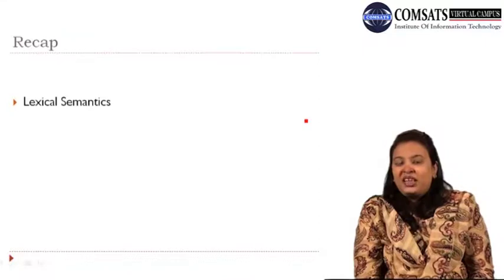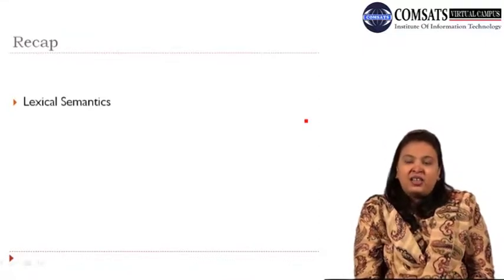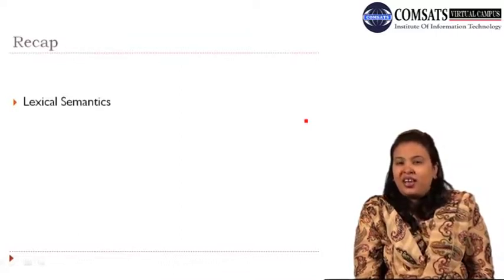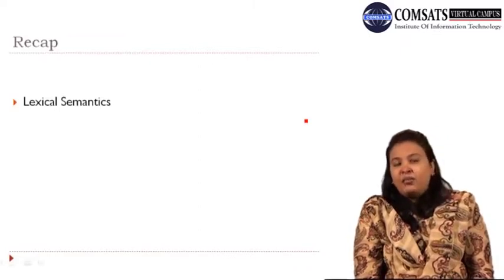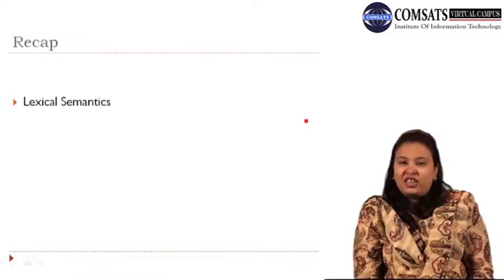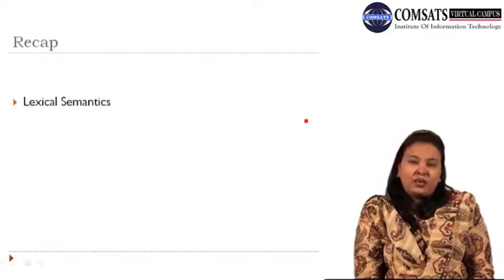Like the example of desert and dessert. Desert is a place with sand, a dry area, and dessert is a sweet dish. Further we studied metonymy, hyponymy, retronymy.